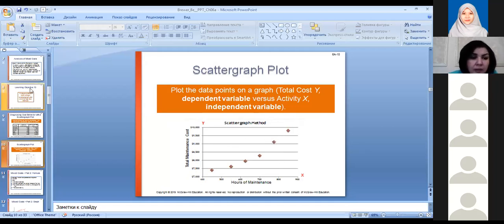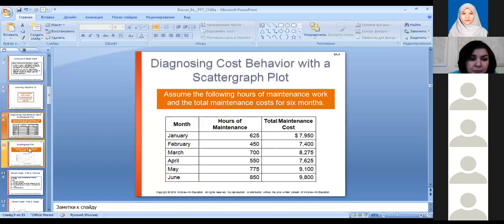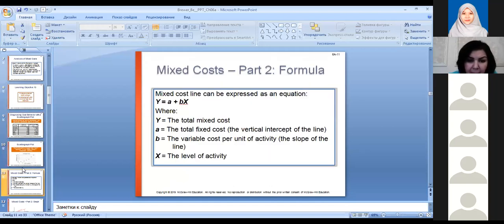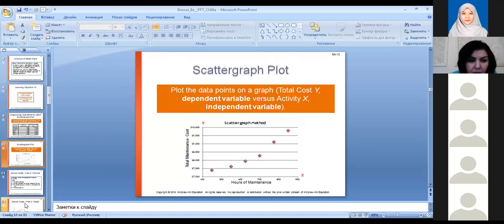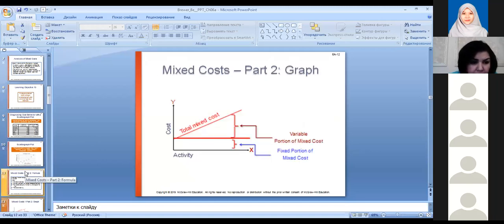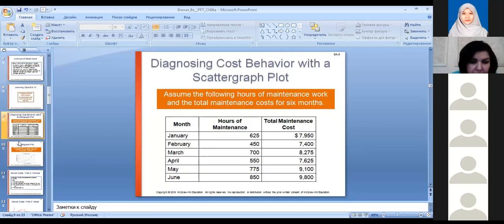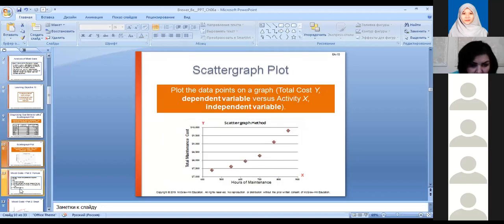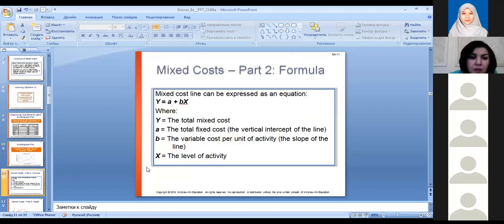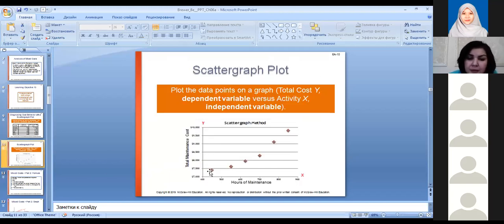And once we have plotted this on the graph, we can assume that there is a linear relationship between hours of maintenance and total maintenance cost.